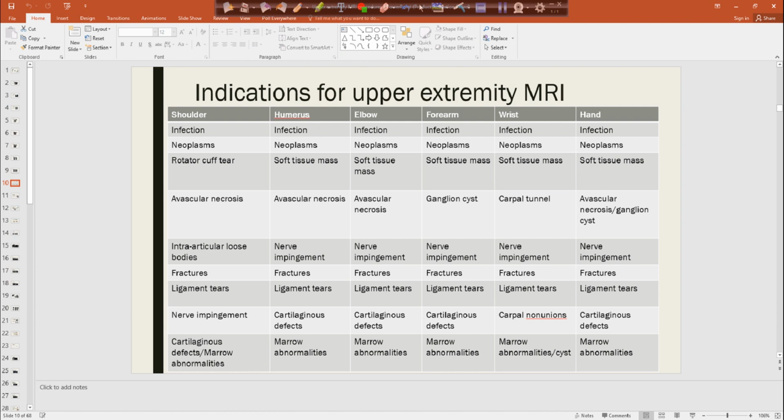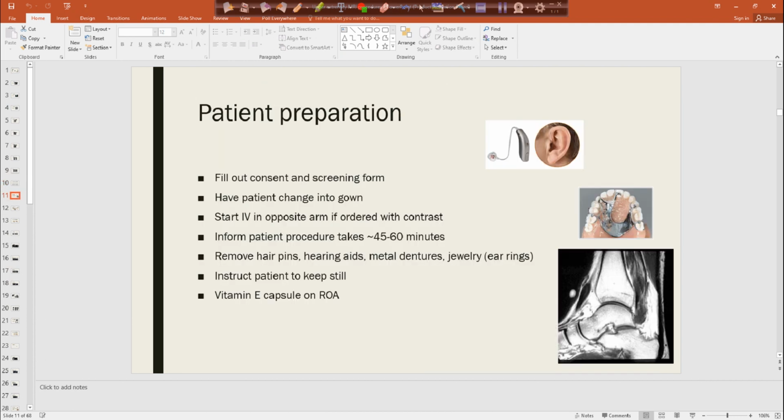A very uniform fat saturation pulse sequence. STIR. So anytime you're looking at fractures, STIR images are great. Ligament tears, you don't need contrast. Marrow abnormalities, you might need contrast, but typically in MSK you're not going to need contrast.